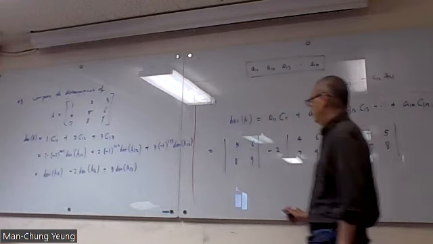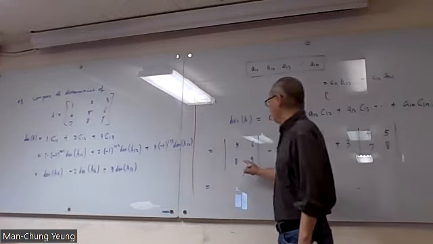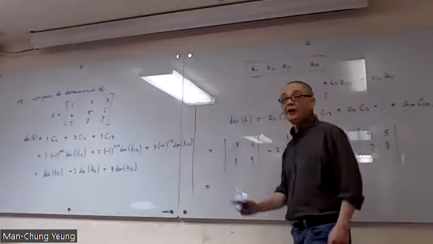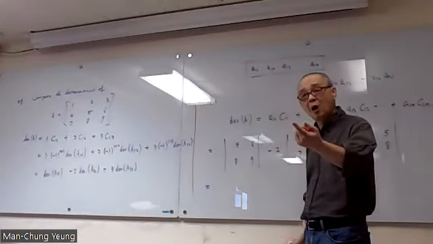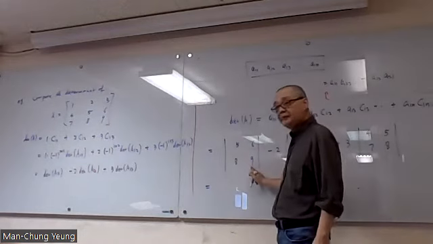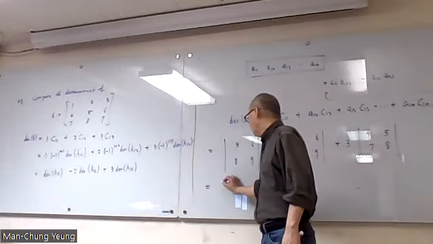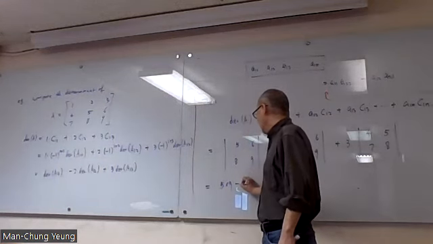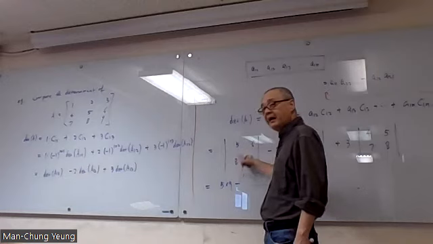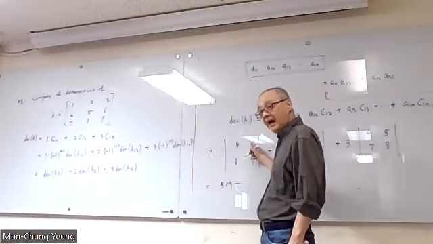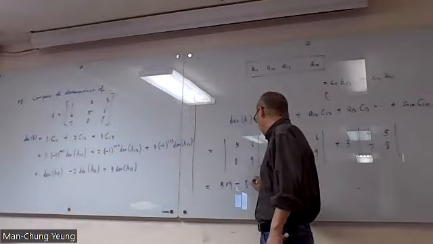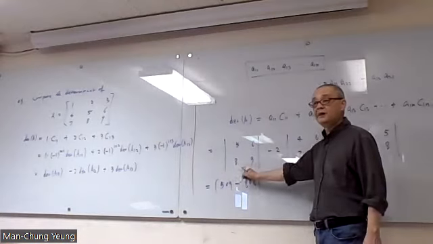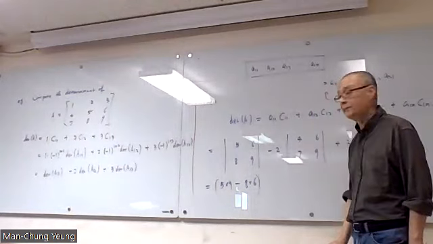And now the 2 by 2 determinant, according to the previous example, is the product of the main diagonal entries minus the product of the anti-diagonal entries. This is the determinant of a 2 by 2 matrix.